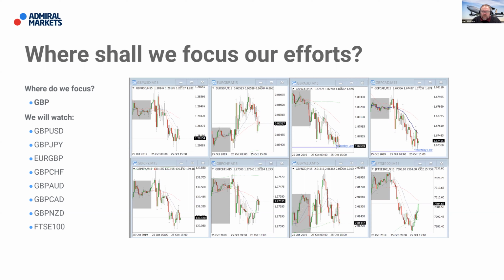So hopefully you can see that, and I'll show you on my screens at the moment. That allows me to have my 8 charts there, covering the sterling and the UK with regards to the FTSE, so that I can very quickly scan those charts to give myself an idea of what's happening. Is there a trend in place across the whole of sterling?